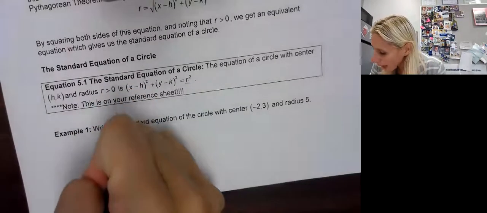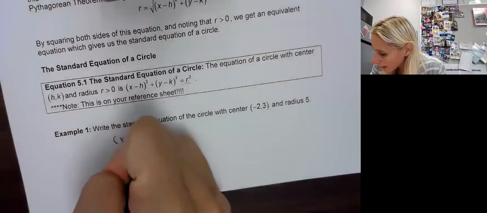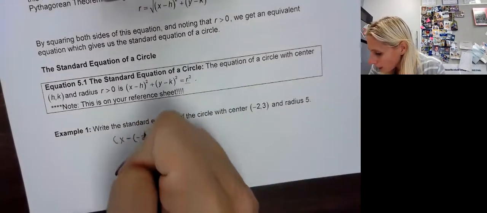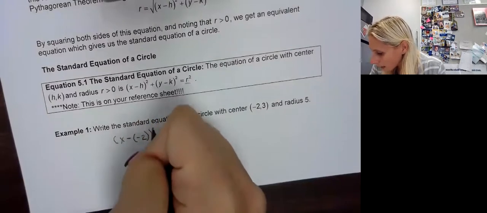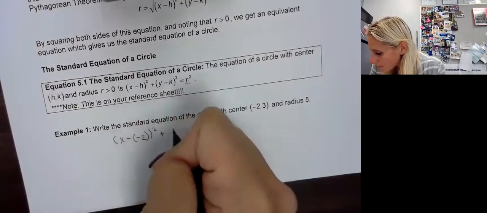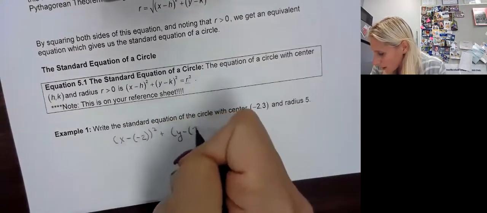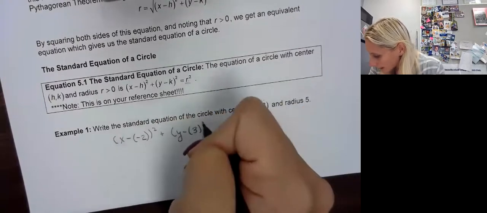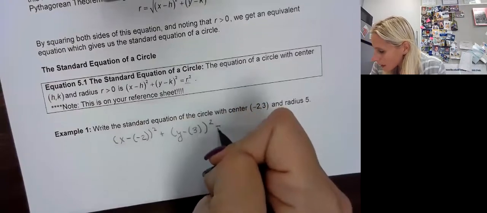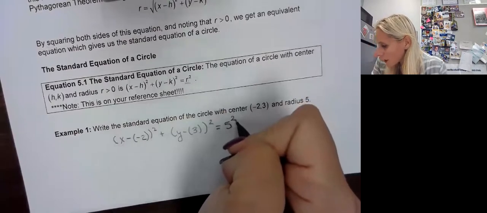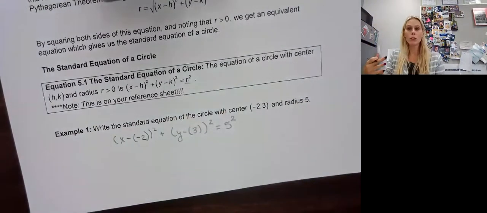So we have x minus, and then our h is -2, squared, plus y minus our k, which is 3, squared, equals our radius, which is 5, squared. Again, most of you might have been able to jump right to the answer, but I'm going step by step so you can see this.